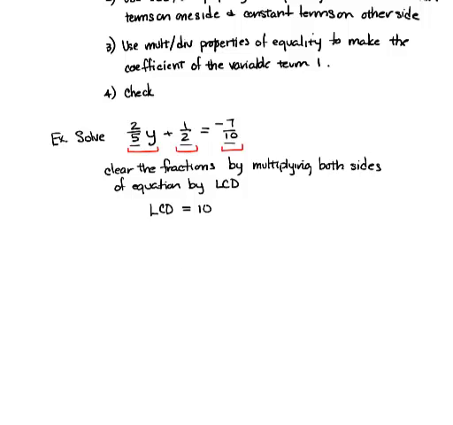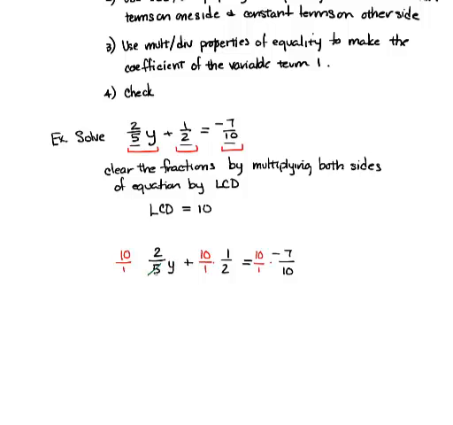So let's go ahead and rewrite our equation. We have 2/5 y plus 1/2 equals negative 7 tenths. If we multiply each one of these by 10 over 1, it's the same as multiplying by 10.